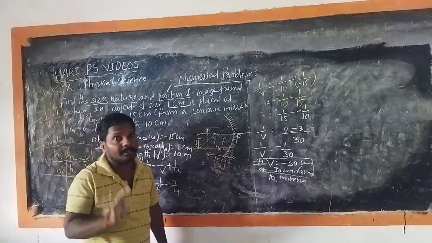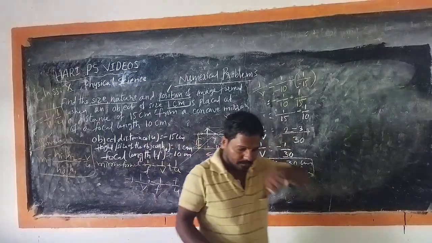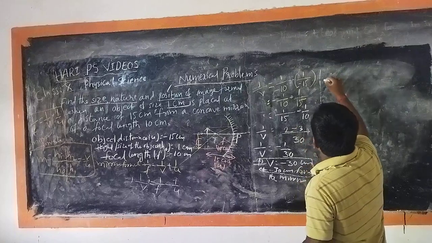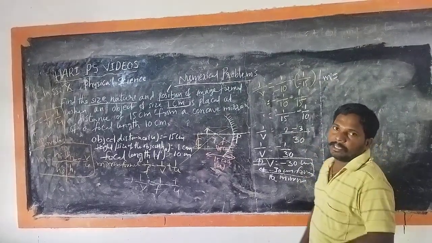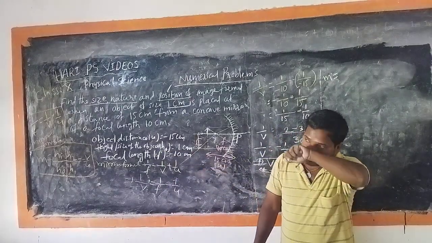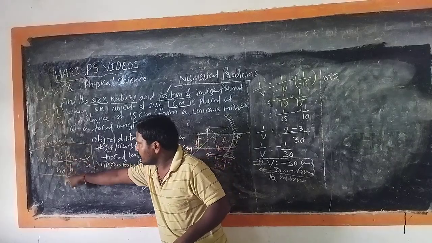Okay. Then what do we have to find? Size. Size is nothing but the magnification. So magnification m equals, there are two formulas. Minus v by u, or h i by h naught.